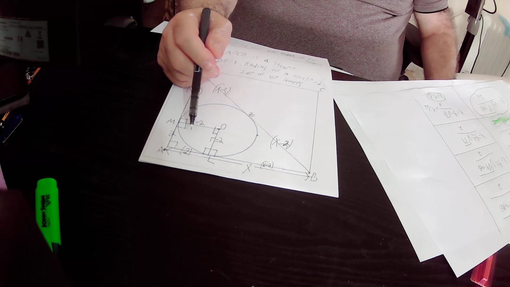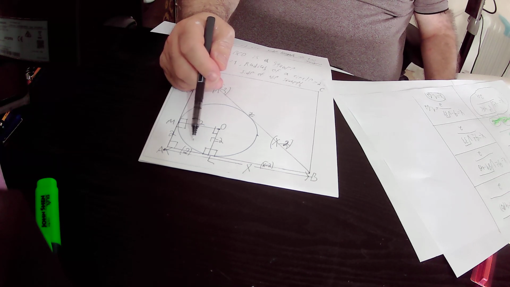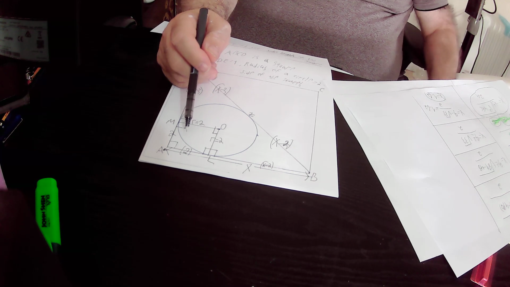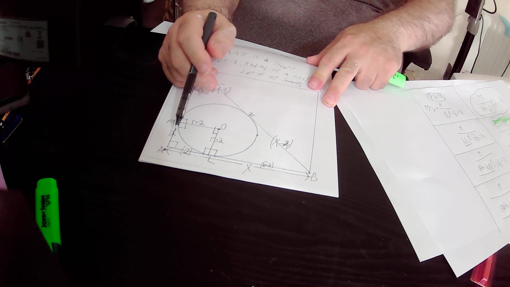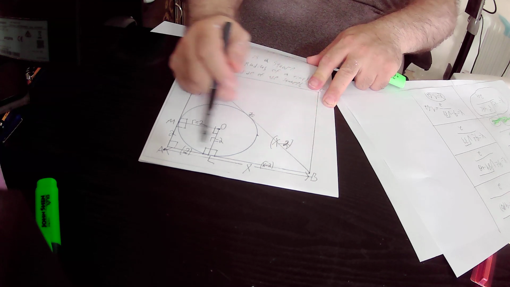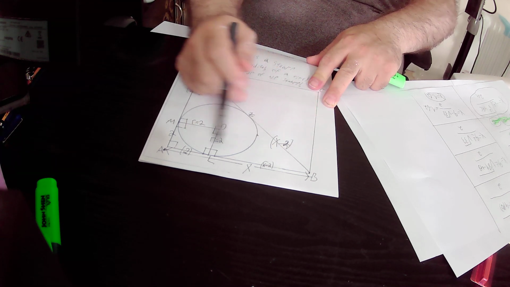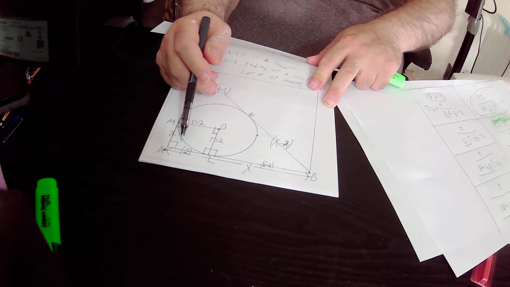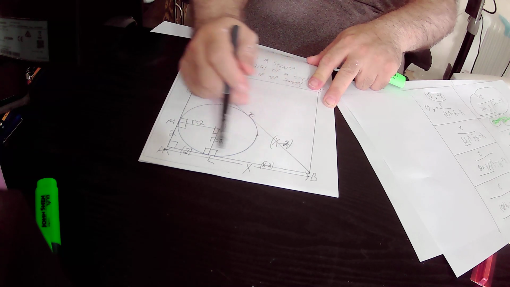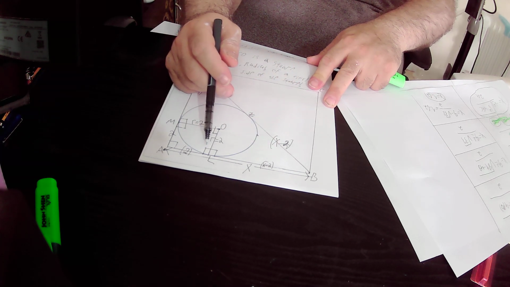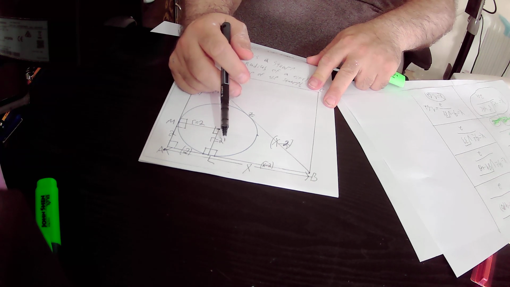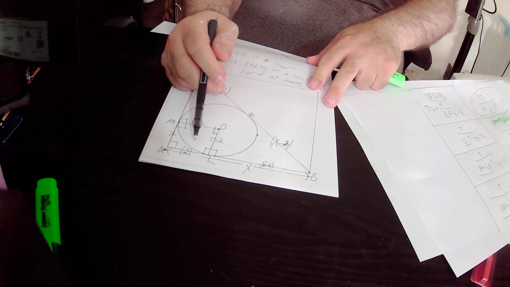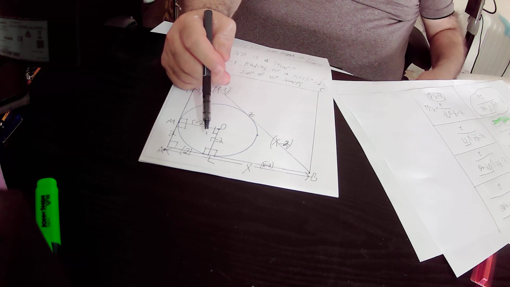But from the drawing you can see that AL itself equals 2 units. And AB, that is equal to x, is greater than AL. So if AB is greater than AL, and AB equals x, it means that x is greater than 2.